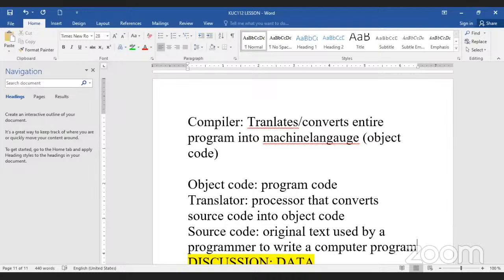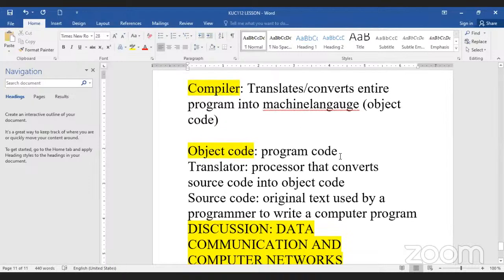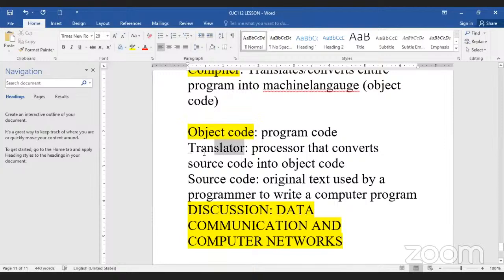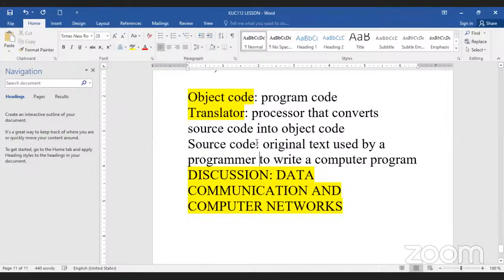So we have defined what a compiler is, what an object code is, what a translator is, and what a source code is.